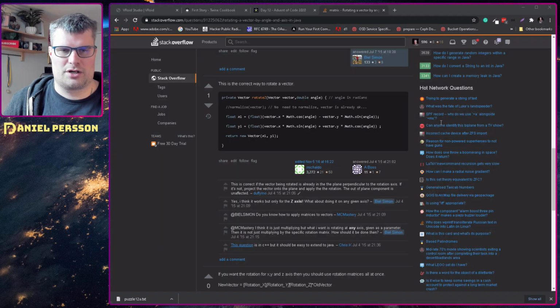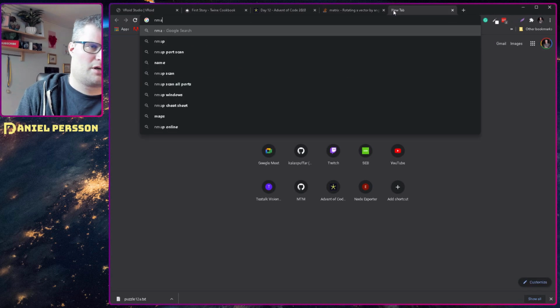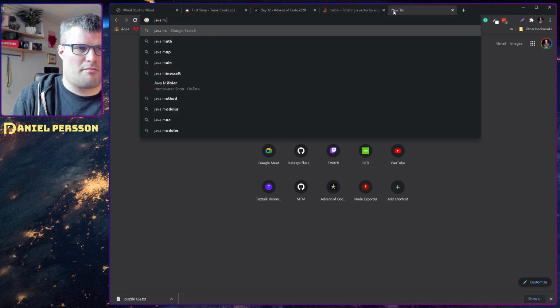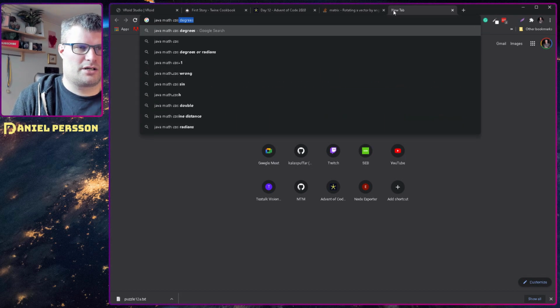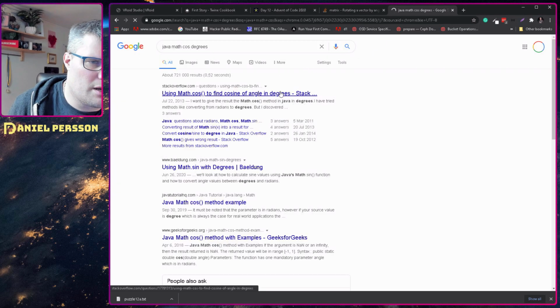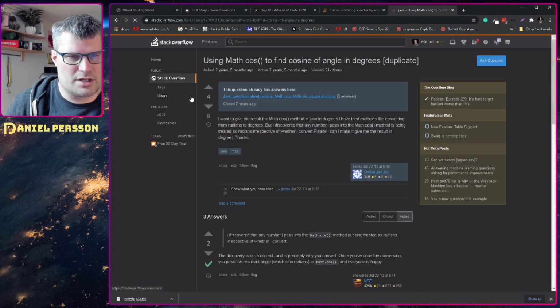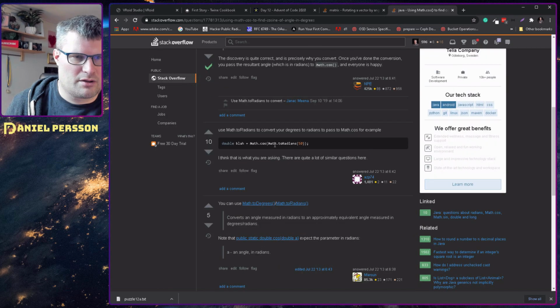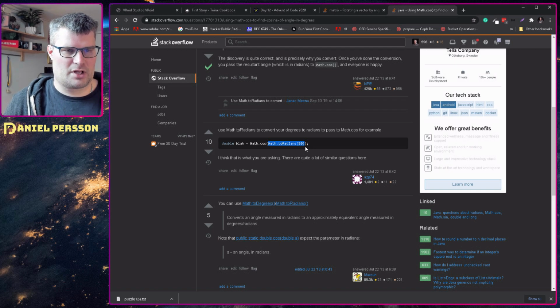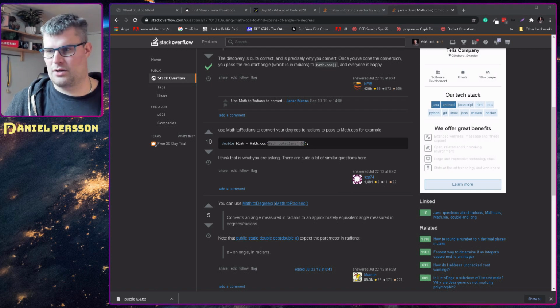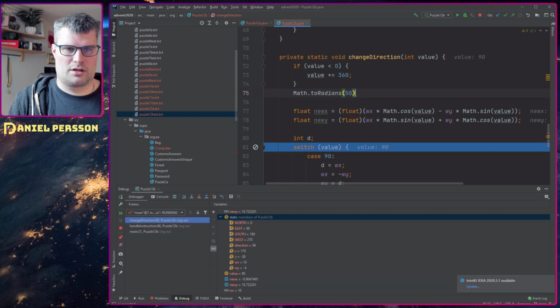See if we can search on Java math cosinus. Okay, equals degrees. So we need to have them in radians, of course. So let's go over here again and do float radians.